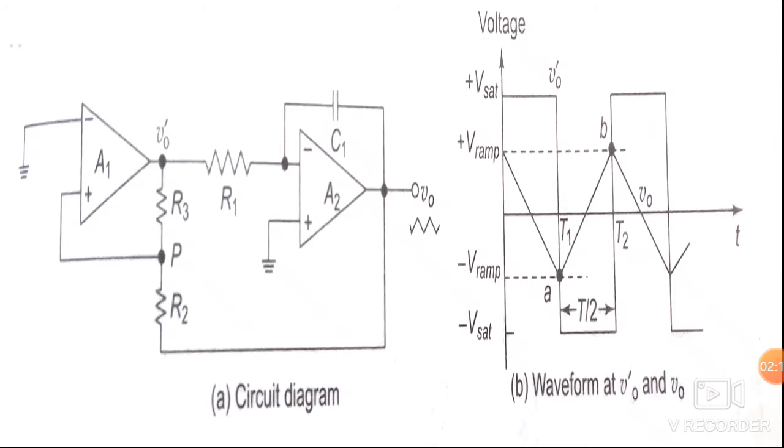Now this is the circuit. Operational amplifiers A1 and A2 are connected through resistor R1, and the output of the integrator, that is A2, is fed back to the input of A1, the Schmitt trigger, through resistor R2.